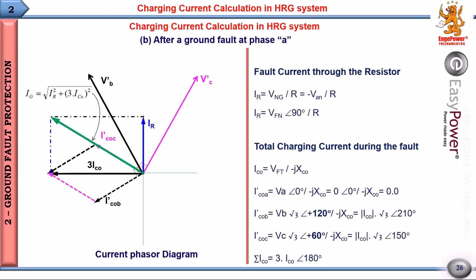So the 3 IC0 appears because the voltage at the unfaulted phases will rise by square root of 3, and due to the vectorial sum of the currents will lead to the 3 IC0.